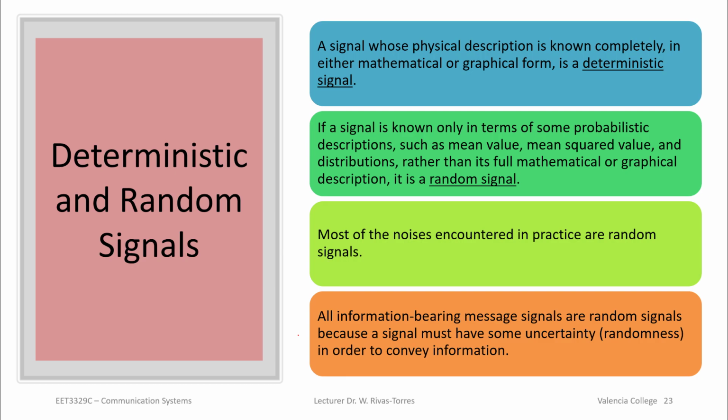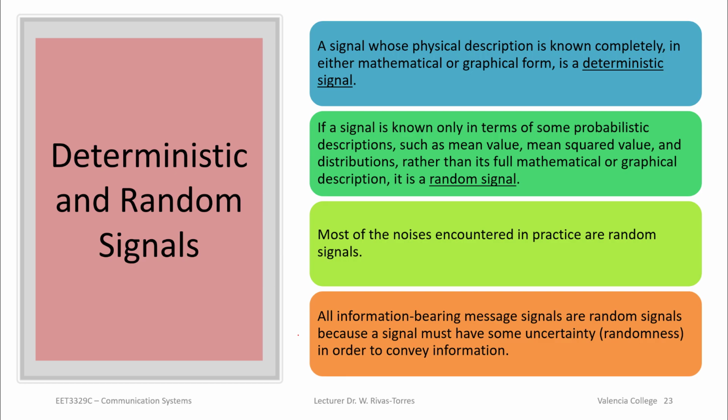And that's true for most noise sources that we encounter in the real world. They're random in nature, and we define them with probabilities. What's the probability of the signal? There's a certain randomness about the signal.